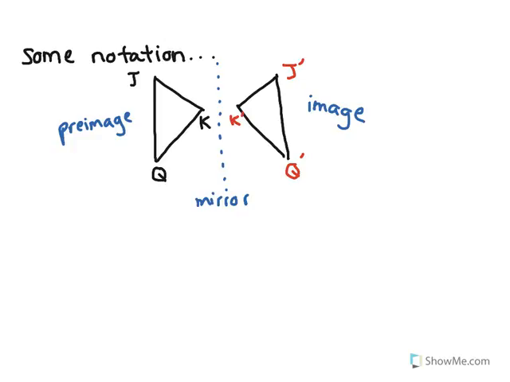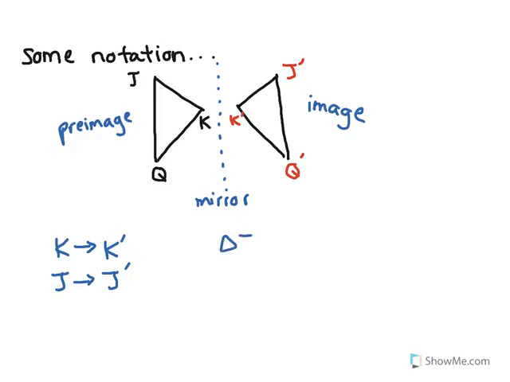And another way to show this is I could use notations such as this. I could say K maps onto, that's kind of like what that symbol there means, maps onto K prime. Or I could say J maps onto J prime. I could even tell you the entire figure.